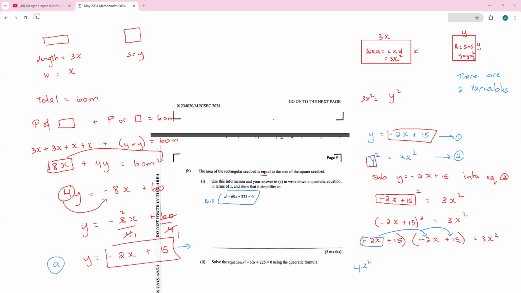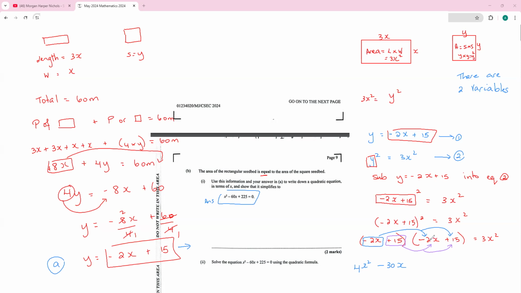Negative 2 by 15, multiply like normal, 15 times 2, that's 30. But because there are two different signs, it becomes negative 30x. So we multiplied that first term by everything in the brackets. And then we're going to multiply this one by everything in the other brackets. This is known as expansion or expanding.